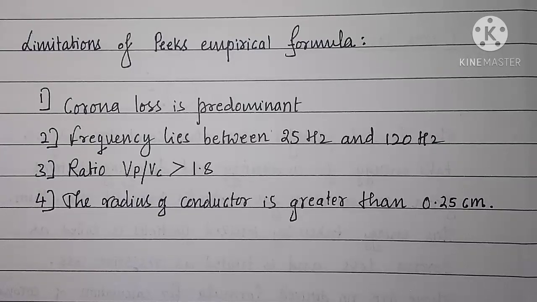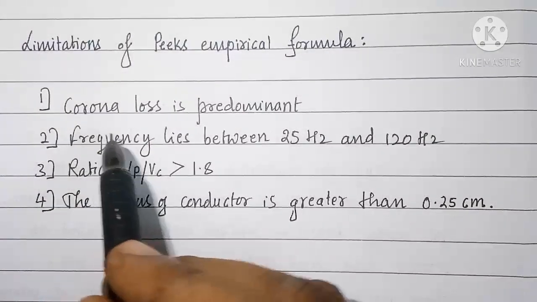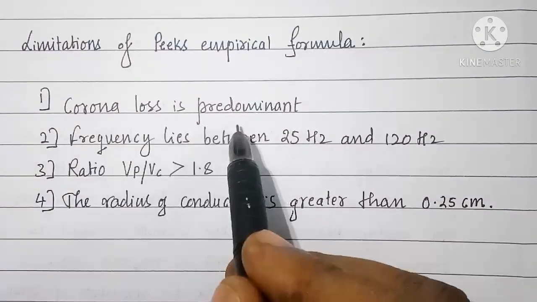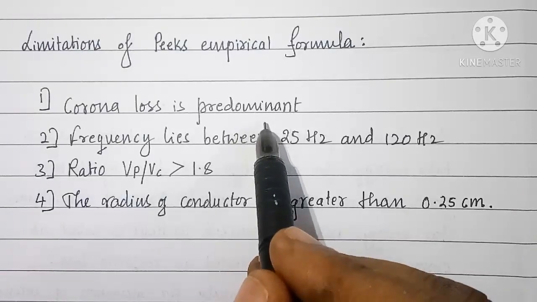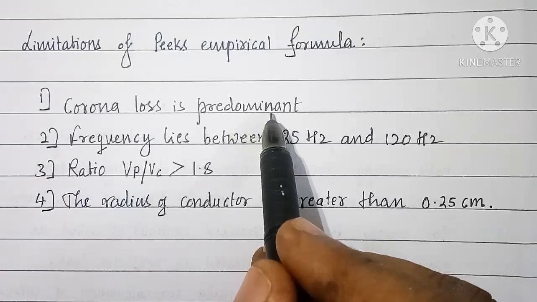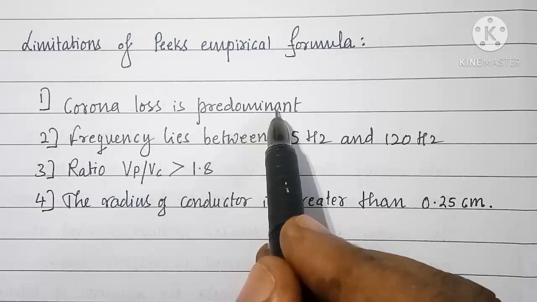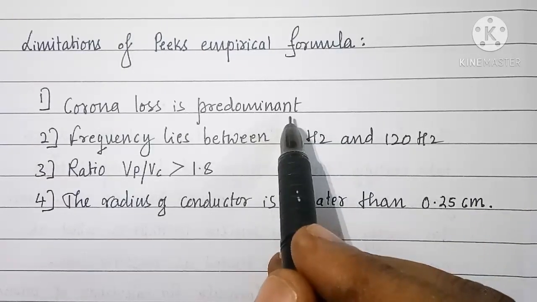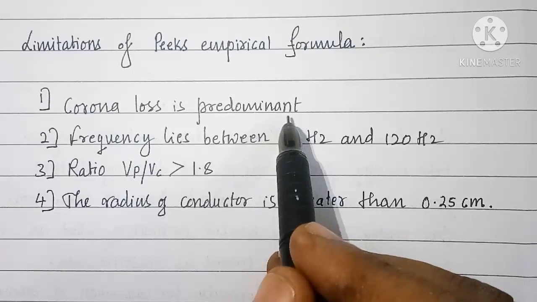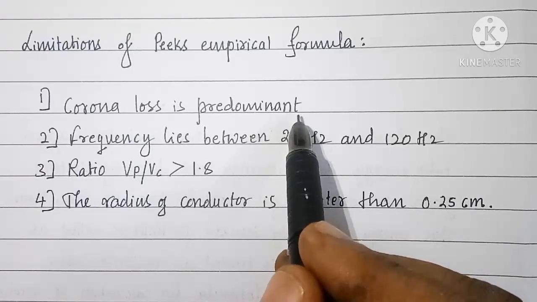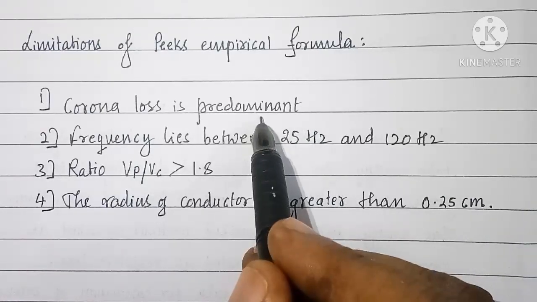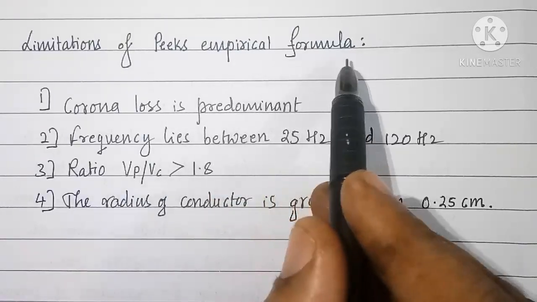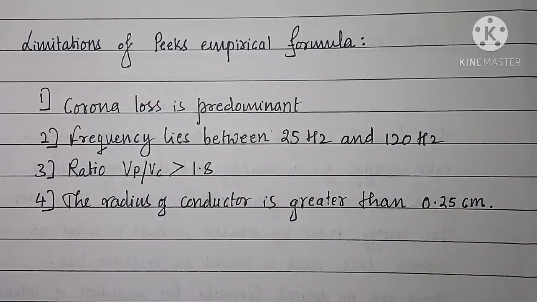And what are those limitations? First one, corona loss is predominant. It means that if corona loss is considerable, not very small in magnitude, then only we can make use of Peake's empirical formula.